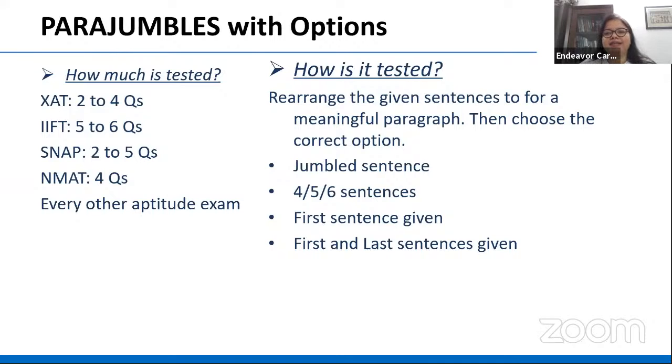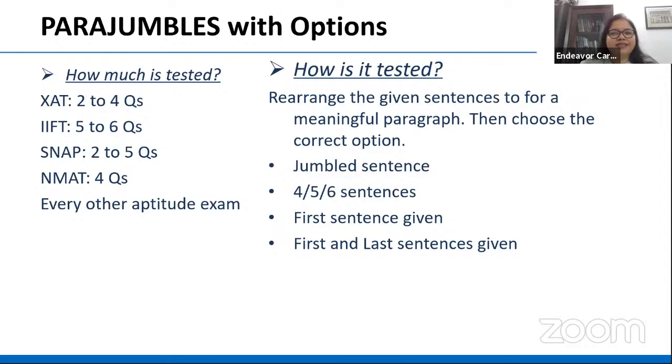So a single sentence is broken and the fragments are to be rearranged. You can have a parajumble that has just 4 sentences given that are jumbled up. So A, B, C, D is jumbled up. You can have a parajumble with just 5 sentences, which are jumbled up.